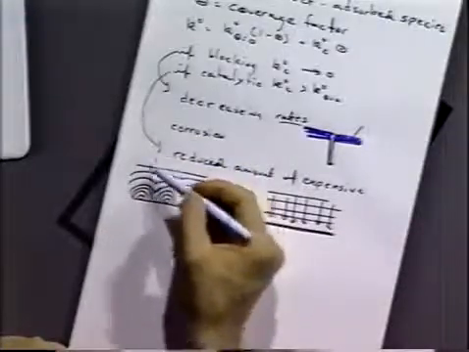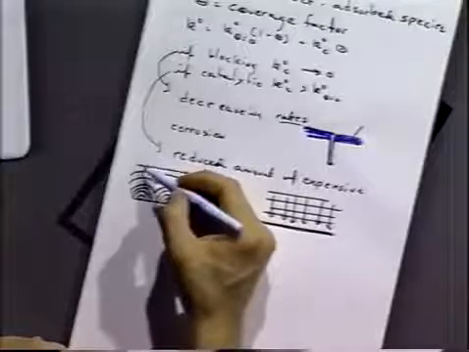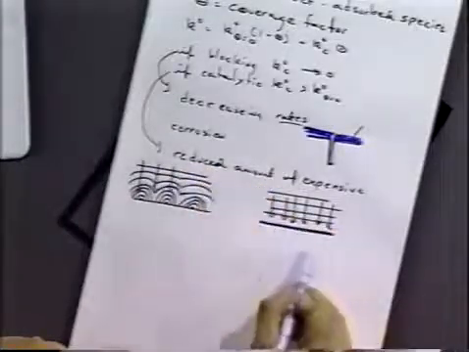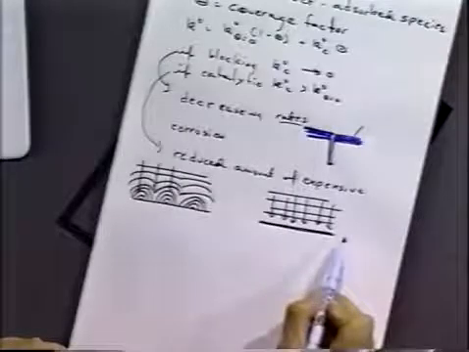So what you're saying is that you're going to get the same net amount of material diffusing in as you would if you had a complete surface covered with the catalytic material.